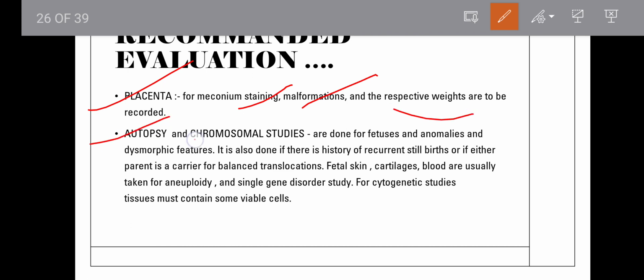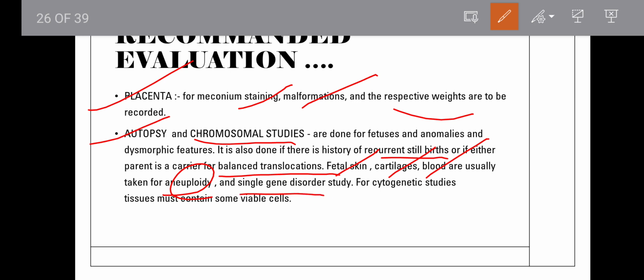Autopsy and chromosomal studies are done for fetuses with anomalies and dysmorphic features. It is also done if there is a history of recurrent stillbirth or if either parent is carrying balanced translocations. As I've discussed earlier, fetal skin, cartilage, and blood are usually taken for aneuploidy and single gene disorder study.